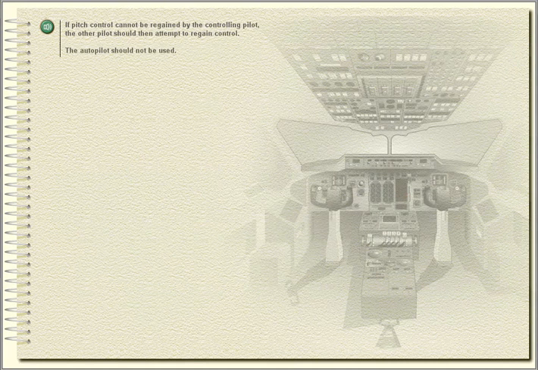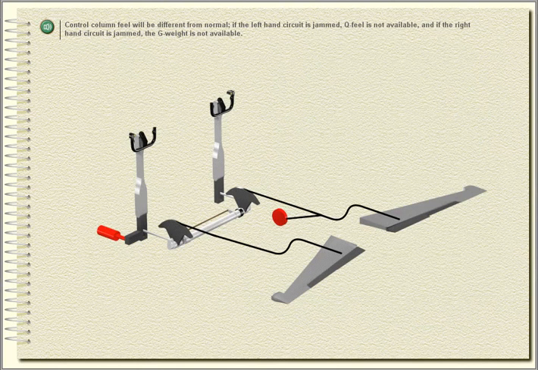A successful disconnection of the two elevator circuits is confirmed by the aileron elevator uncoupled annunciator. If pitch control cannot be regained by the controlling pilot, the other pilot should then attempt to regain control.